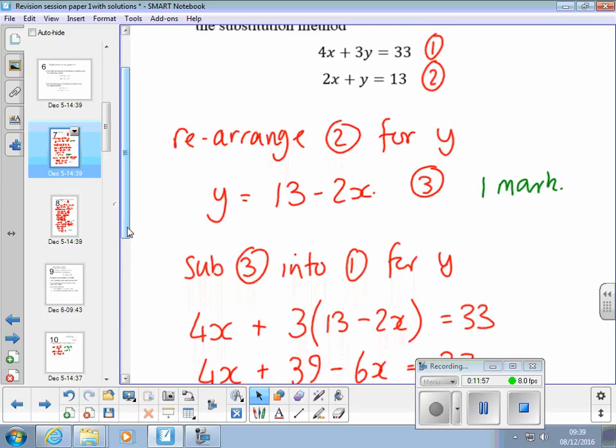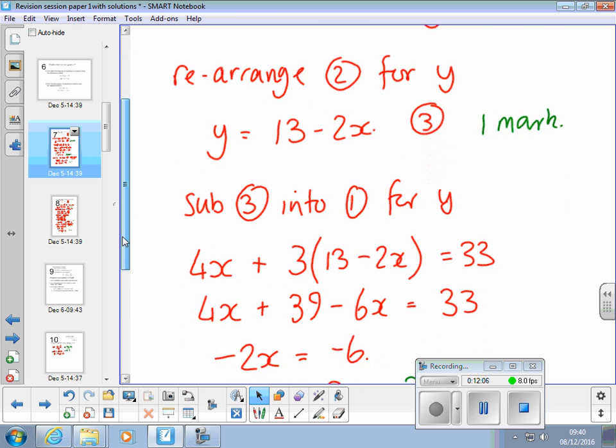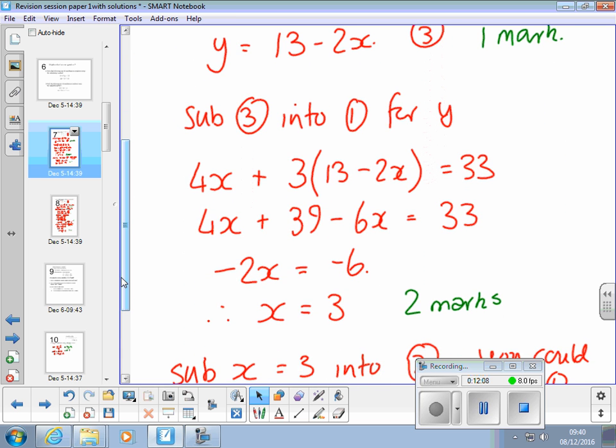So I've written 4x and then 3 times, put equation 3 in brackets, and said that's equal to 33. Multiplied out those brackets and ended up with minus 2x is equal to minus 6, and therefore x is equal to 2. 2 marks for all that.